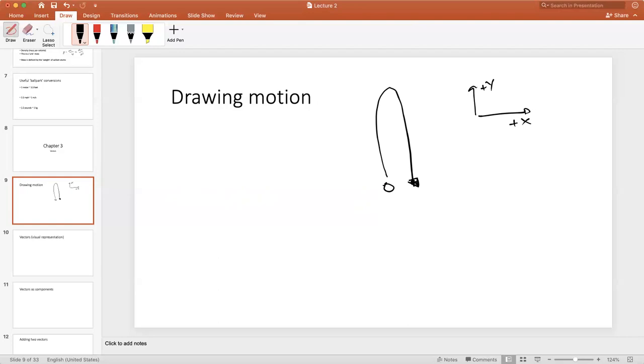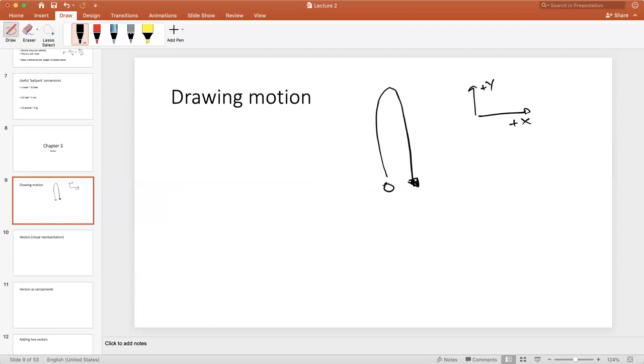You almost always should, as a first step, whenever you draw anything, assign a coordinate system, whatever coordinate you want. In this case, it makes the most sense to me to call y positive up and x positive to the right. That's preference. I could change that in any way that I want, but that's what I'm going to call.